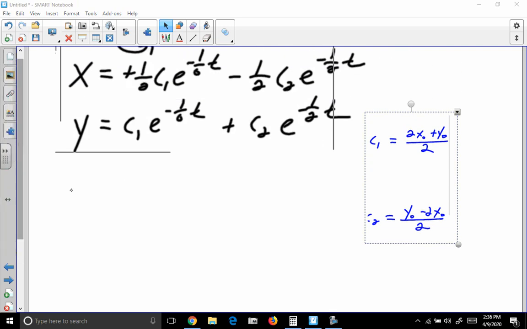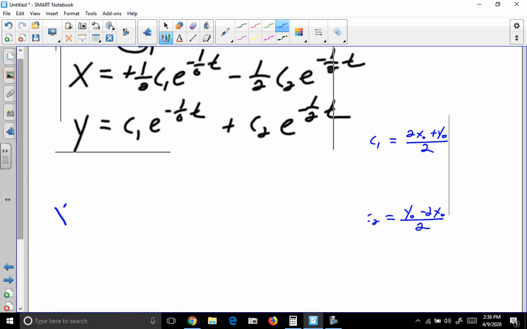So I guess we can finish this. So x is 1/2 times C1. Well, if we multiply this times 1/2, we would have a 4 on the bottom.